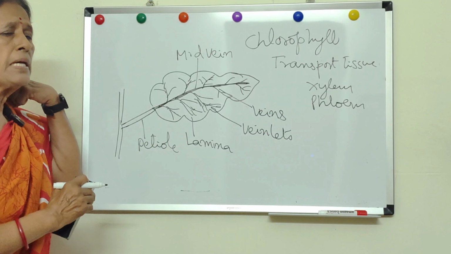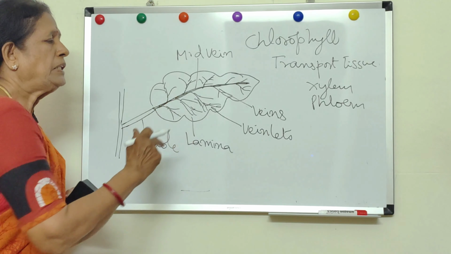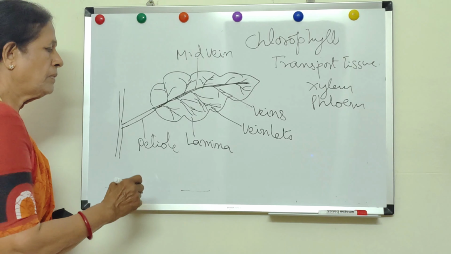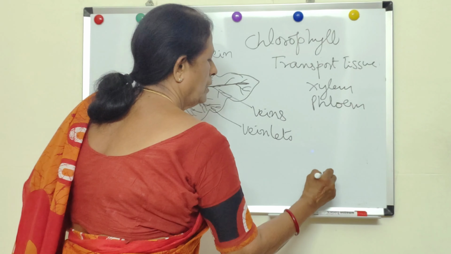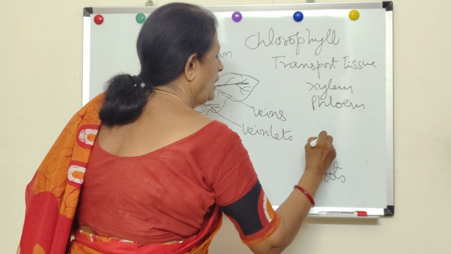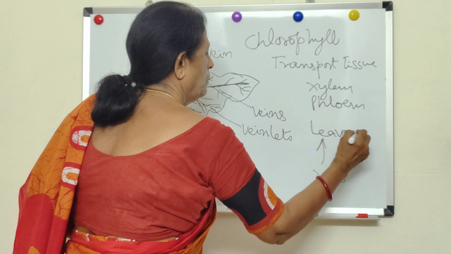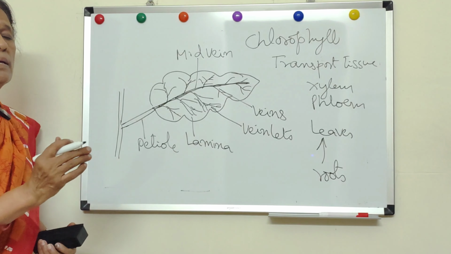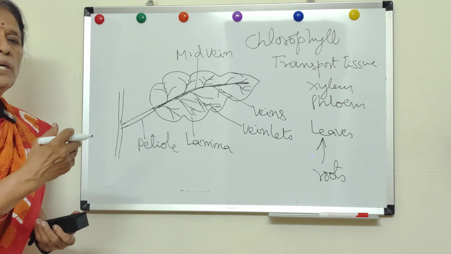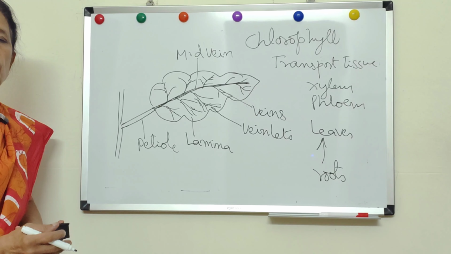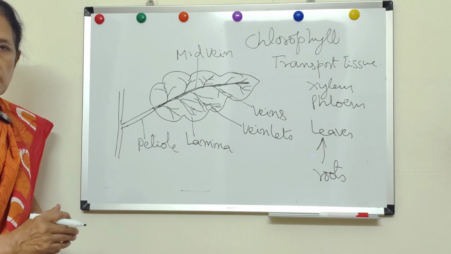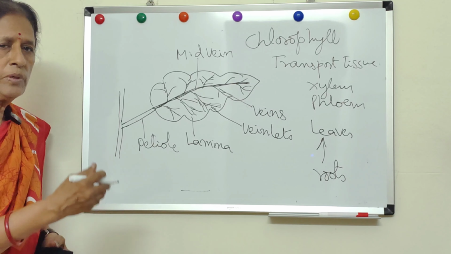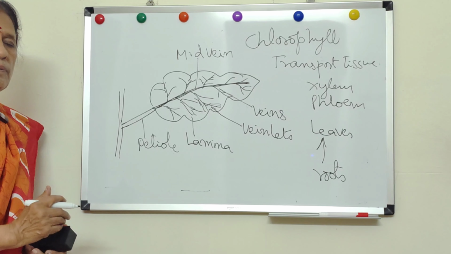Xylem is the complex tissue which carries water and minerals from the roots to the leaves. It contains xylem parenchyma, xylem sclerenchyma, tracheids, vessels, etc. Water is transported upwards from the roots to the upper parts of the plant.